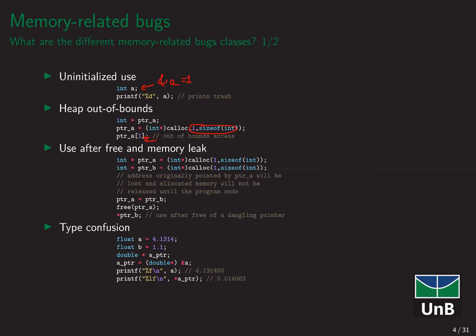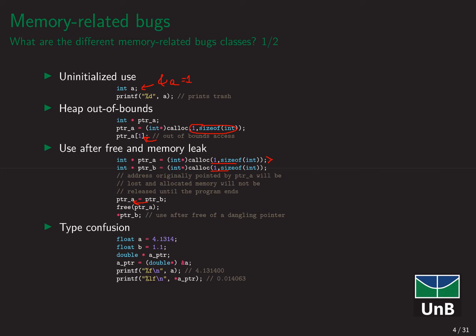In this case, we allocate a single integer pointer, another integer, and then we copy the pointer of B to pointer of A, which means the original integer pointed to by pointer A was lost. So we have a memory leak.